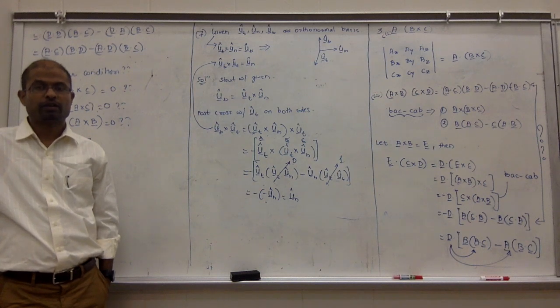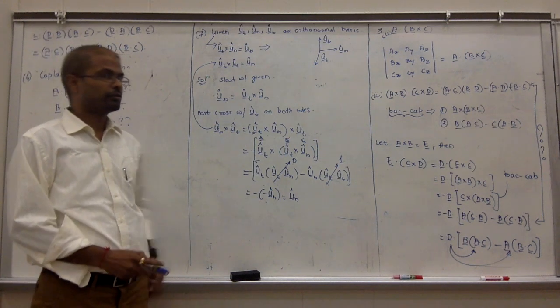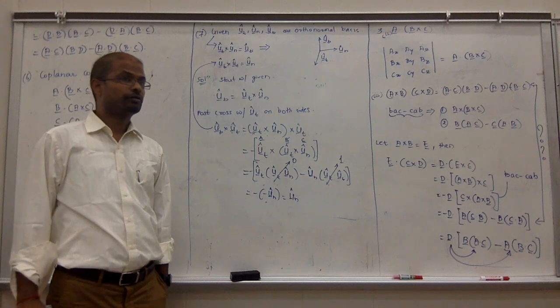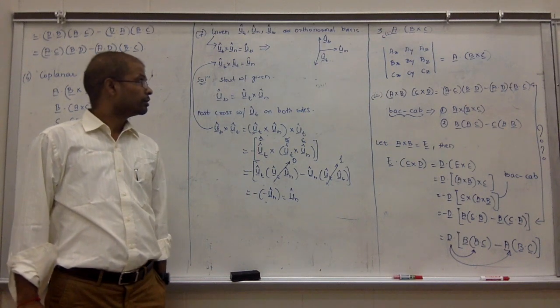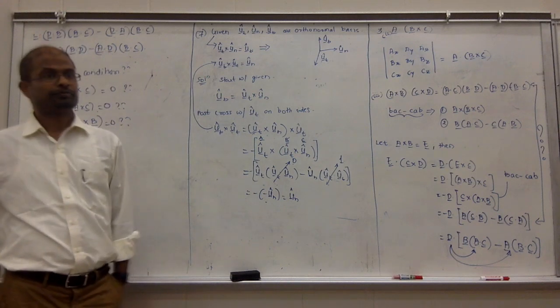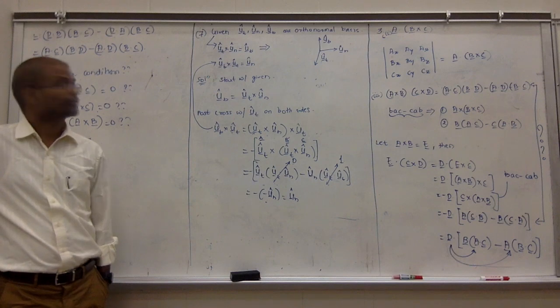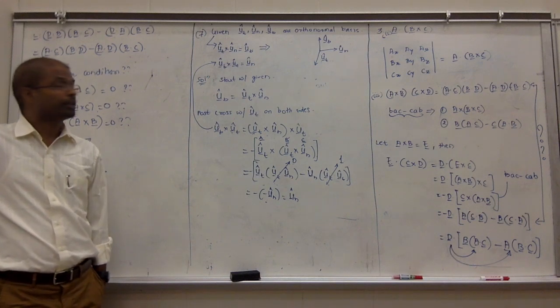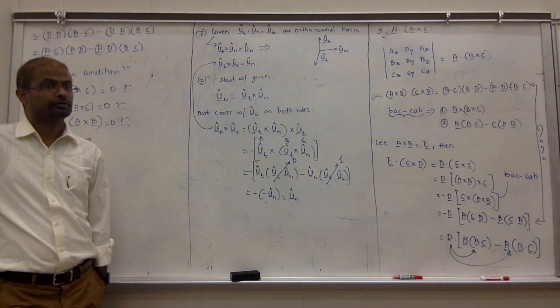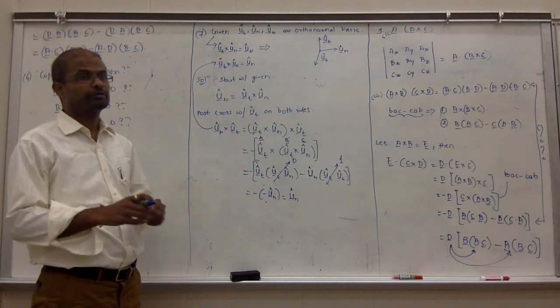Okay, so A cross B cross C. So you need to start somewhere. Where are you going to start for the second one? Instead of doing the first cross, we do the pre-cross, and then you get the other side.